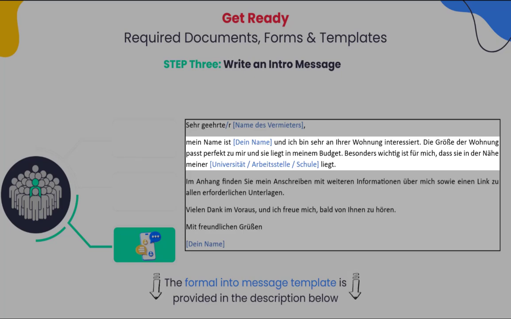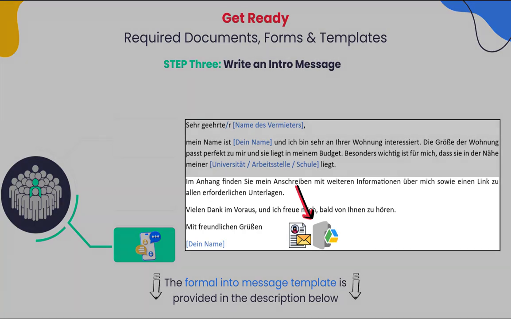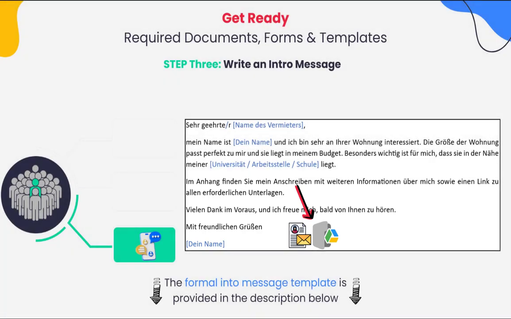It's near my university, work, or school, and it's within my budget. Attach your formal cover letter, the one we prepared in step 2. The cover letter already includes a Google Drive link to all your documents, so the landlord can access everything easily. This formal introduction is concise, just a few sentences to grab their attention.